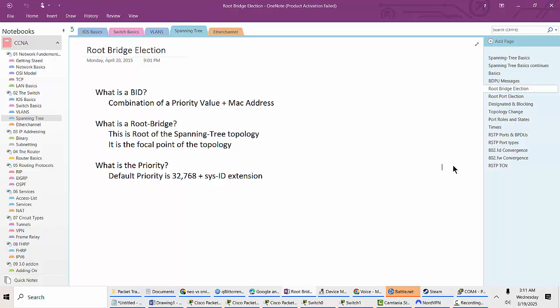So now the name is becoming a little less simple-minded. It's starting to make some sense, because now we have a root of our tree. That root bridge is the focal point of the topology.